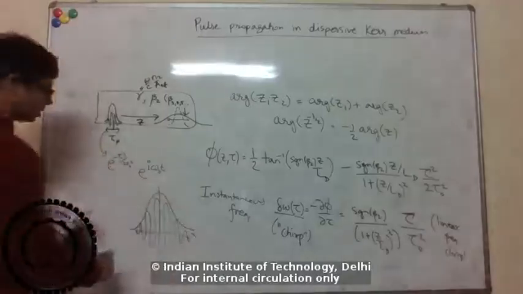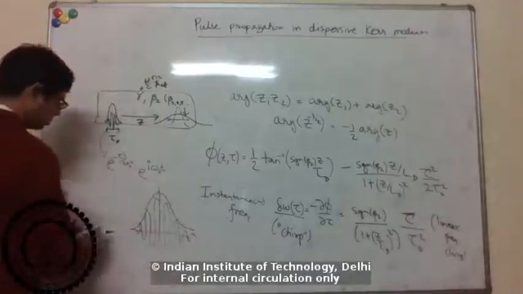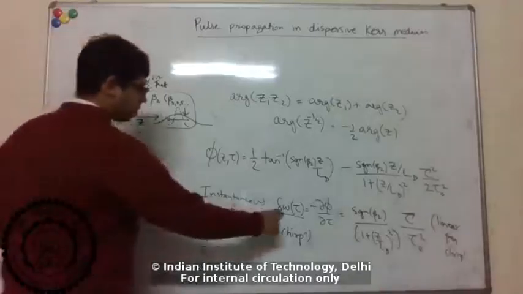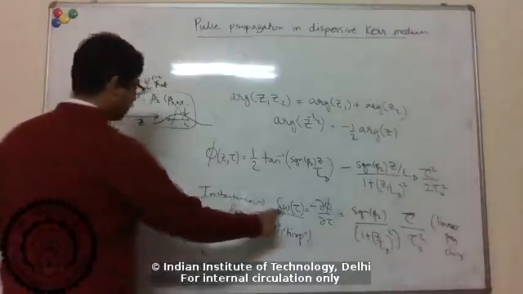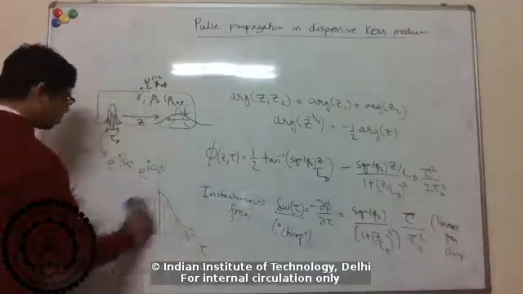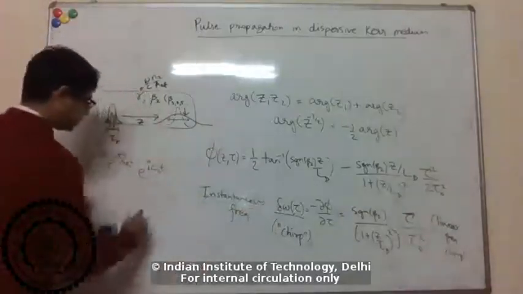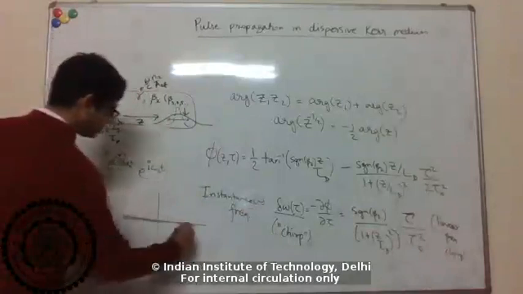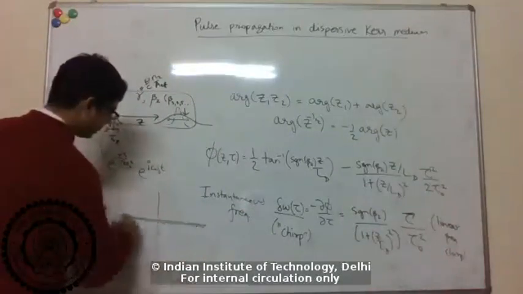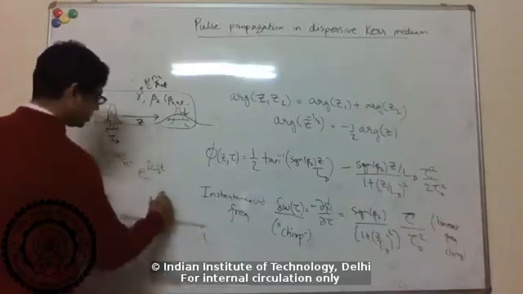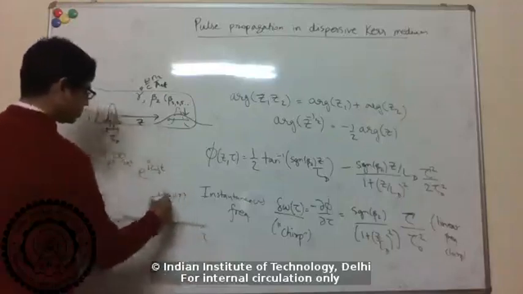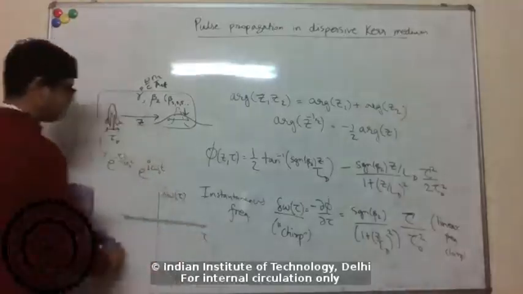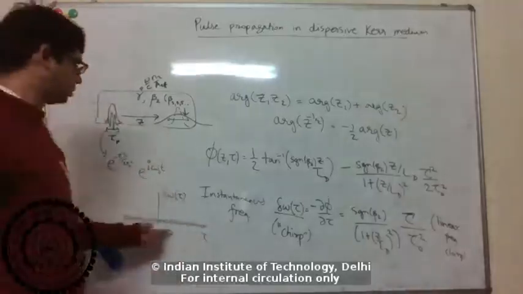So that's my input pulse as a function of time. Or equivalently, if I want to plot the instantaneous frequency deviation from omega naught, for my input pulse it's just 0, basically the x-axis. So that's why I'm saying the input pulse is unchirped.